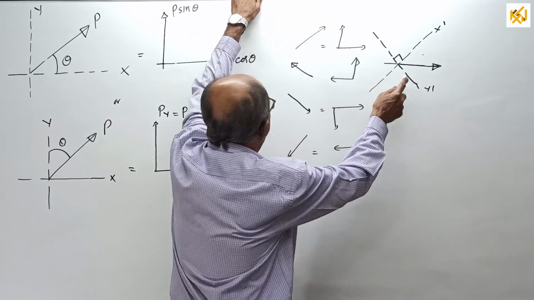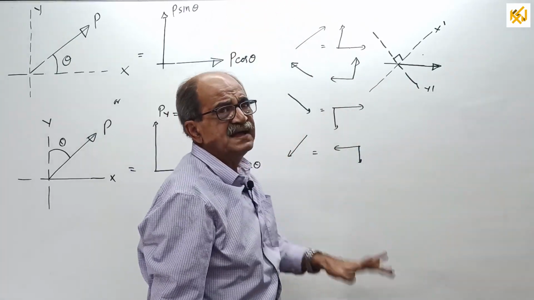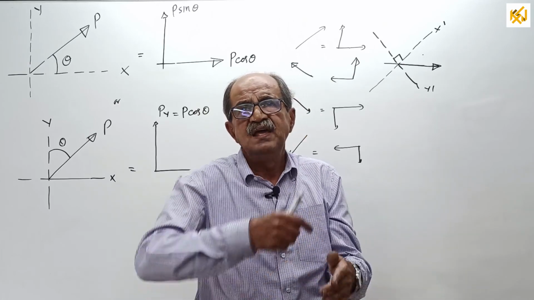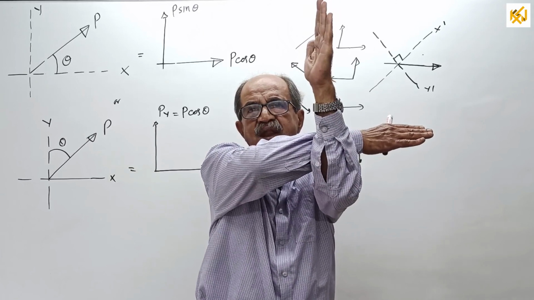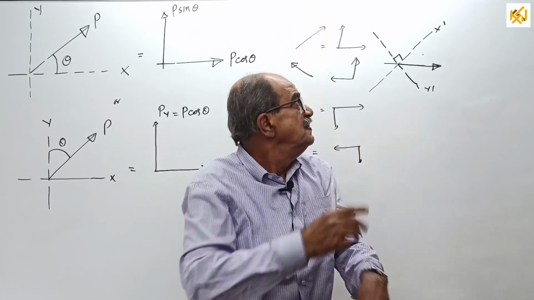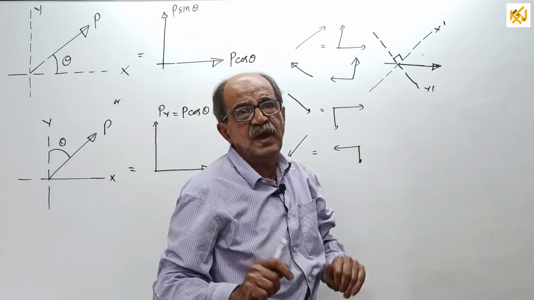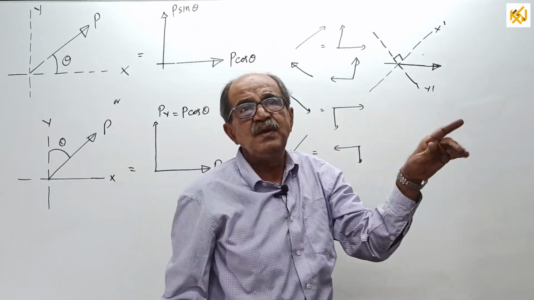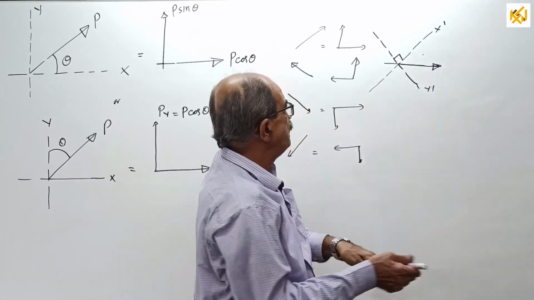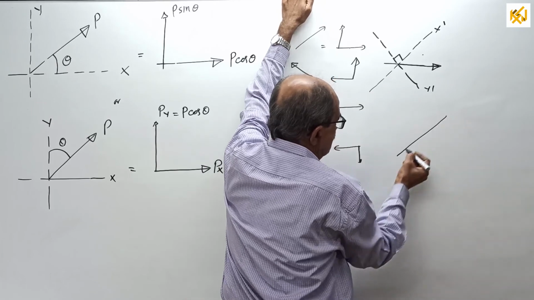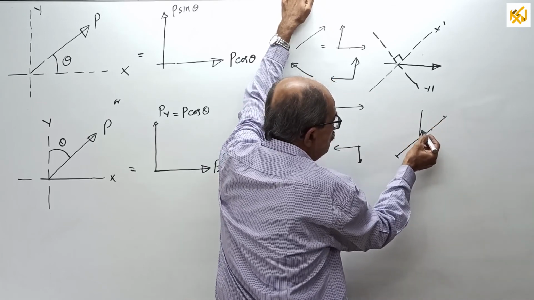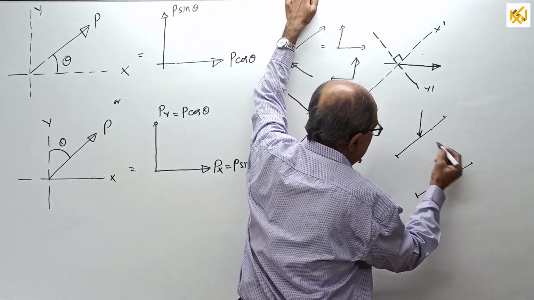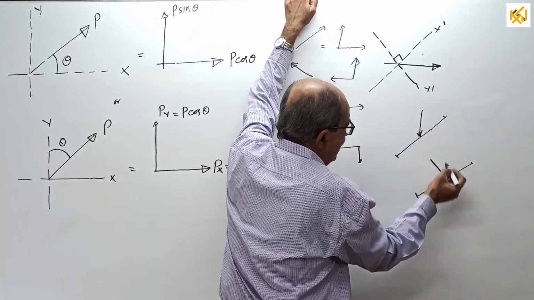And one more thing, remember, as far as our course is concerned, for SFD and BMD we need only resolution in x and y directions when x and y are horizontal and vertical. In this case, for SFD BMD, you don't require more. But in case you want SFD BMD for an inclined member, like for example an inclined beam, if you apply a vertical load, then for SF and BM you require a normal component and also a tangential component.